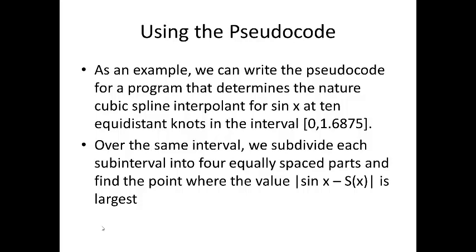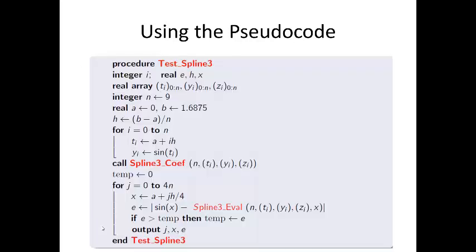Over the same interval, we subdivide each interval into 4 equally spaced parts and find the point where the value sine x minus S(x), which is the interpolating cubic spline, is largest. So here's the driver code for this that you would put into the program. The output is going to be j is equal to 19, x is equal to 0.890625, and d is equal to 0.93 times 10 to the minus 5.